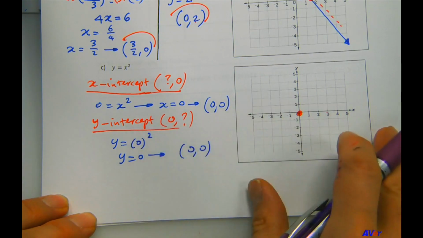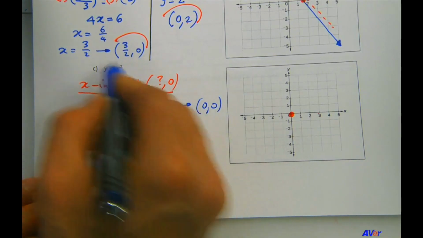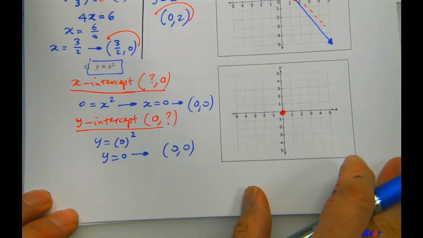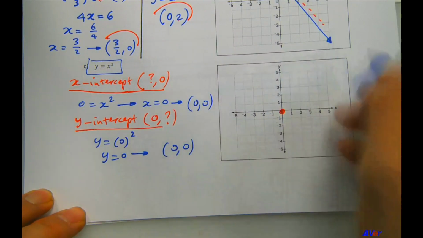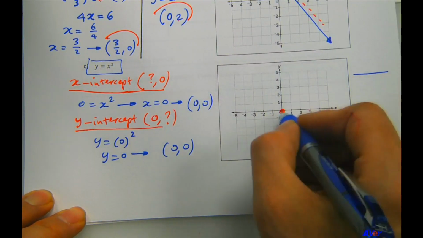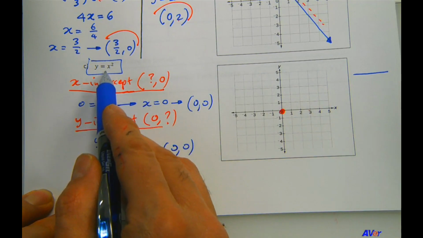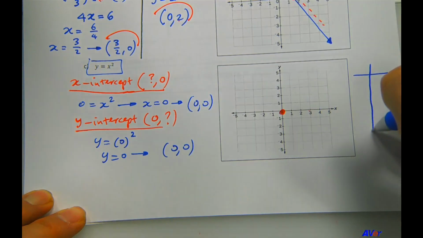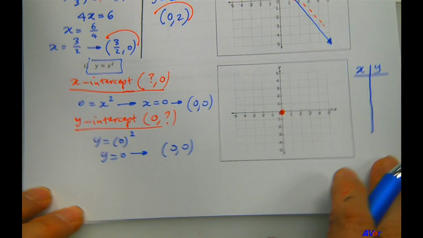And this is a very familiar curve. This is a very famous function. But if you're not familiar with it, one way to graph it is, because this is not a linear line, this is not a straight line, to graph it you're going to need more than the intercepts. So let's say x and y, right?